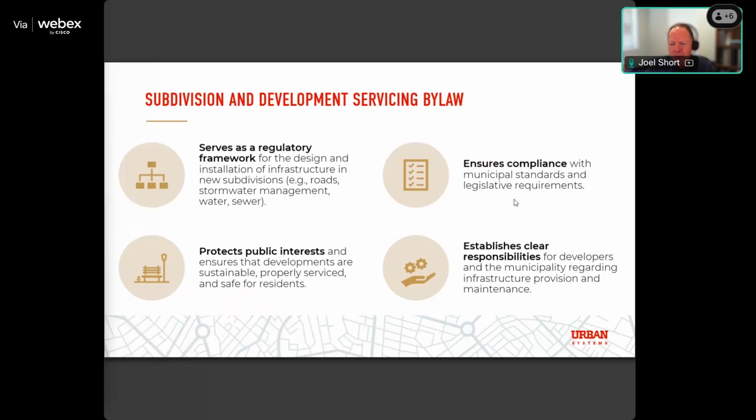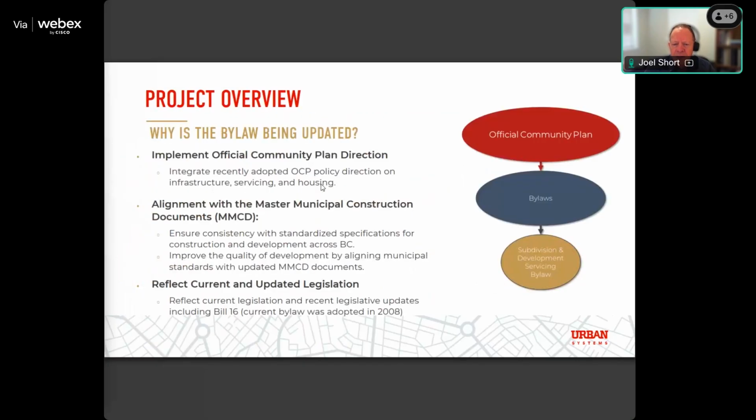It ensures compliance with municipal standards and legislative requirements. It protects the public interest, makes sure that developments are sustainable, properly serviced, and safe, and it also establishes clear responsibility. This is what the developers are supposed to do. This is what the municipality needs to do with respect to infrastructure provision and maintenance.